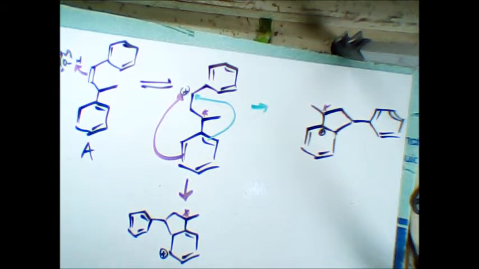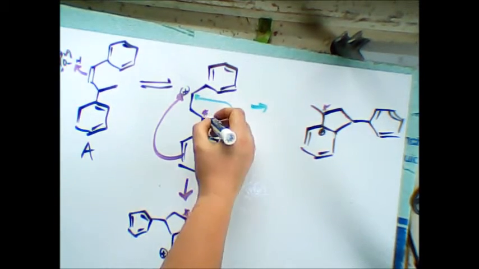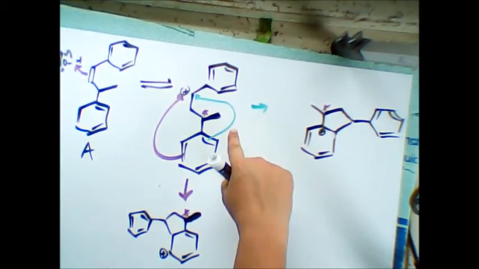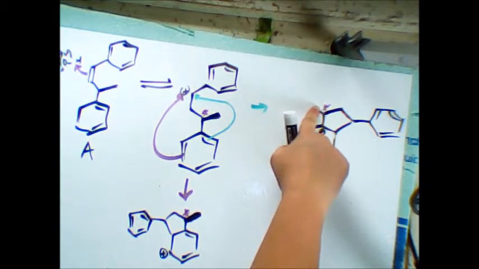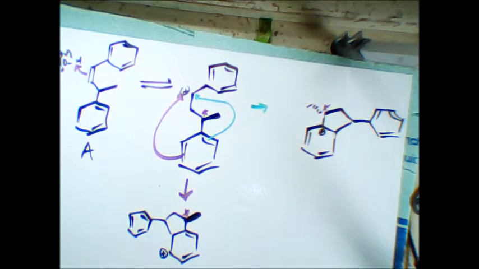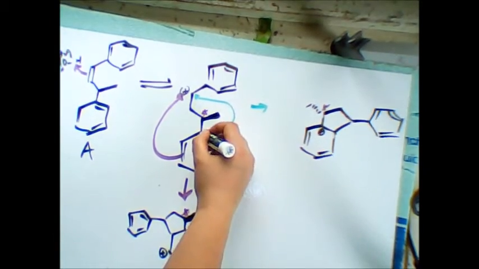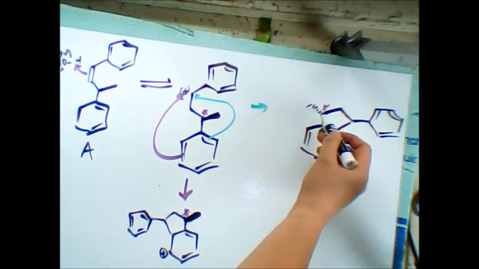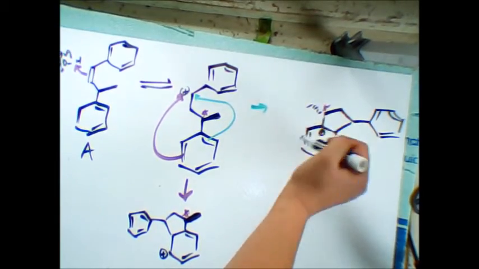So for kicks and giggles, let's draw out what we get. Let's say that this guy was wedged forward in the first place. When we flip him upside down, he's still in exactly the same stereochemistry, but because we flipped him, we need to draw him in the opposite looking stereochemistry. This guy is 1, 2, 3. He's an R. He's still an R here. 1, 2, 3. But the H is forward, so it's flipped.